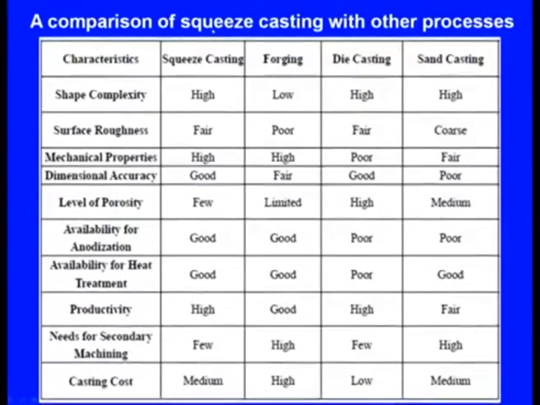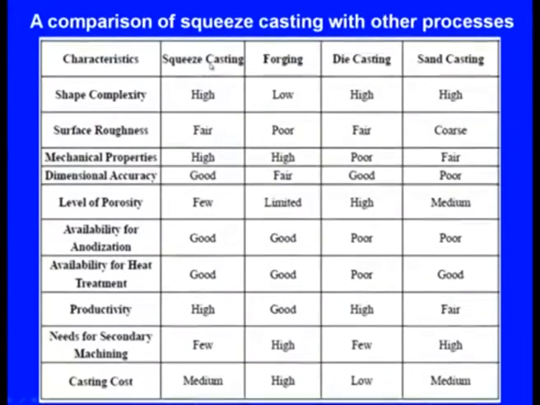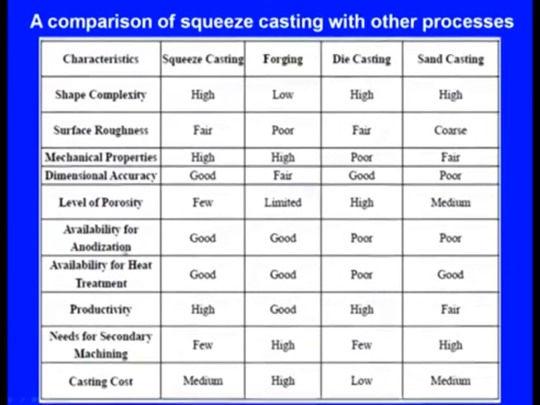Now, again we can see a comparison of the squeeze casting with other processes. We will consider squeeze casting, forging, die casting and sand casting, and here we can see the properties: shape complexity, surface roughness, mechanical properties, dimensional accuracy, level of porosity, availability for anodization, availability for heat treatment, productivity, needs for secondary machining and casting cost.